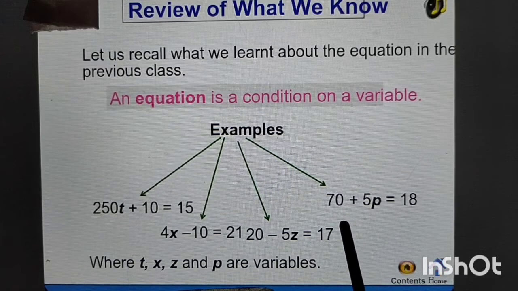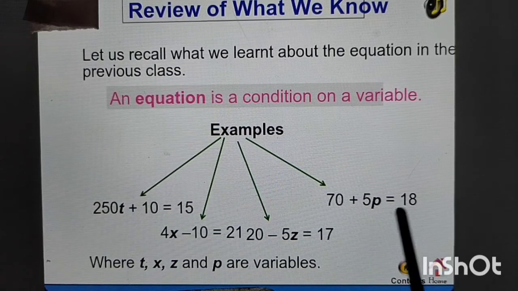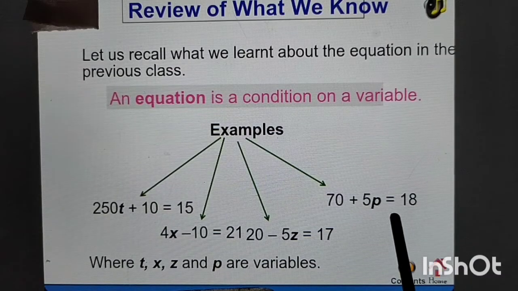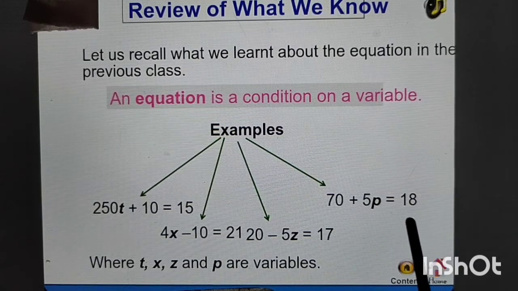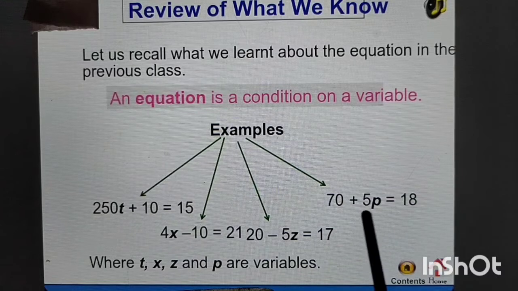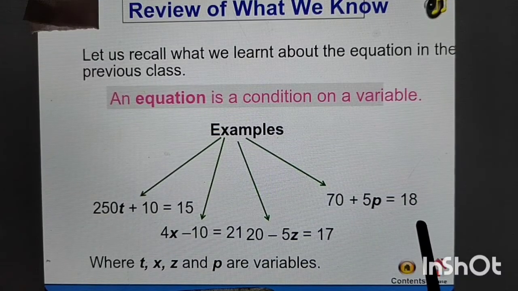One expression is 70 plus 5p, p is the variable, is equal to 18. When there is an equal sign, we get an equation. Alright, so this is the left hand side and this is the right hand side expression. So when two expressions are equal, we get an equation. These all are examples of equations, and these are the variables.